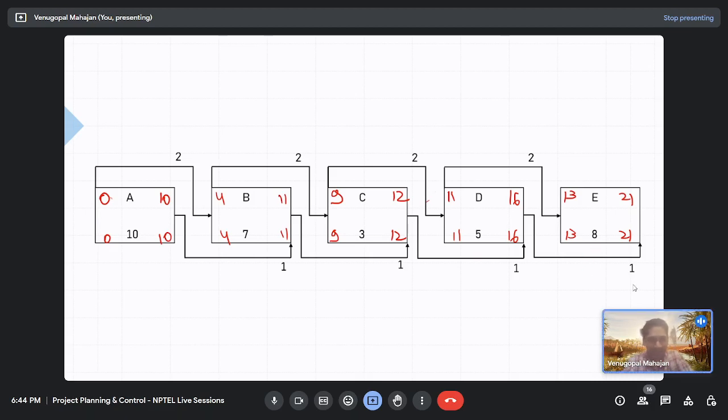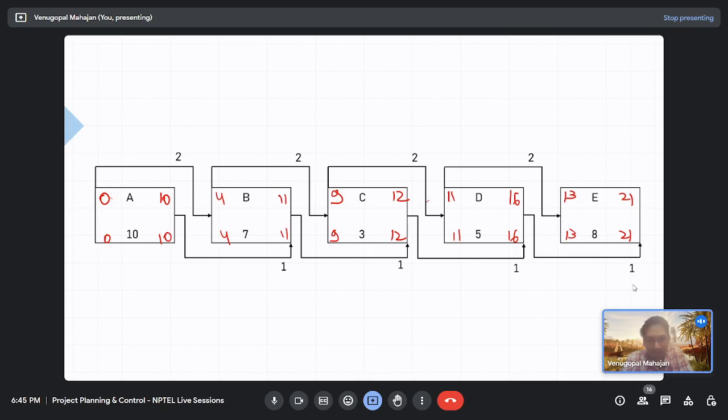And there is a 2-day buffer between each activity. So it would have raised to 41, right? But your total duration is 21 only. Can you get my point? Yes, sir. The original duration is coming 33, and by CPM is coming 21. And even in 33, you have not included any lead or lag. Yes, sir. 2 days for each activity.